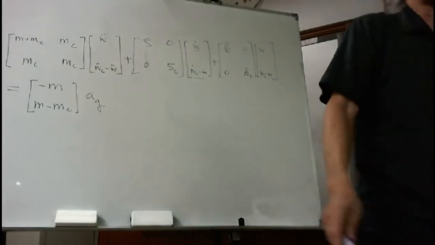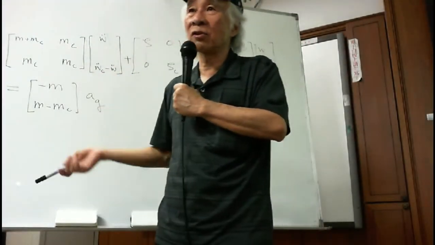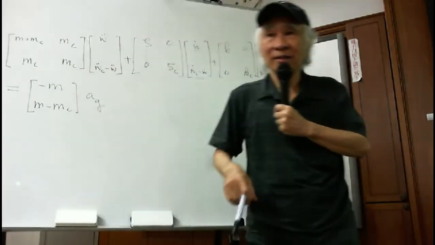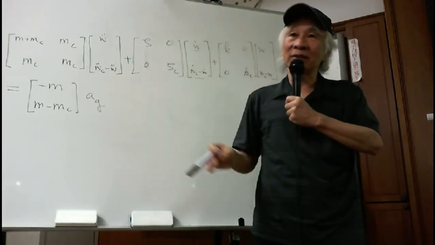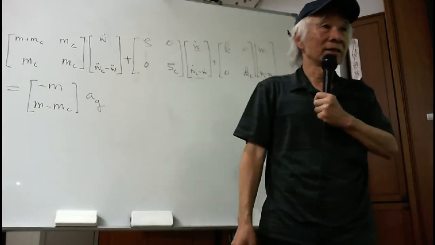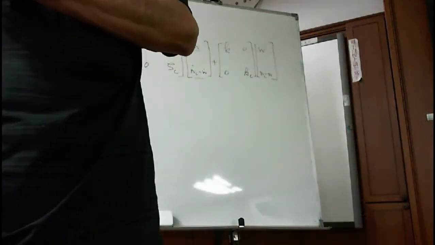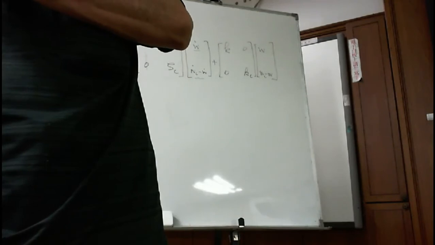Okay, that's just a coordinate. If we change the coordinate, then your matrices will be changed. That's just a message I try to give to you. So I designed this homework for you to understand this kind of coordinate transformations.